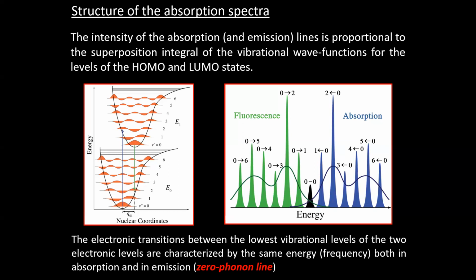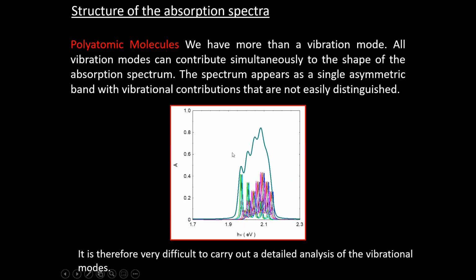And you will tell me, but professor, why did you tell all these things? Of course, I will reply, you are right. The result is that normally, when you have a polyatomic molecule, it is composed of many atoms that are connected by bonds. They can vibrate along many directions, and there can be many vibration modes: stretching, bending, symmetric and asymmetric stretching, and so on.